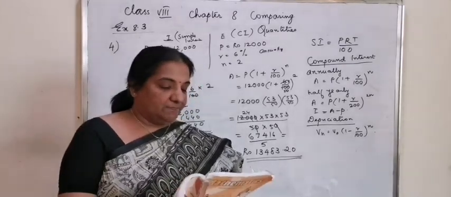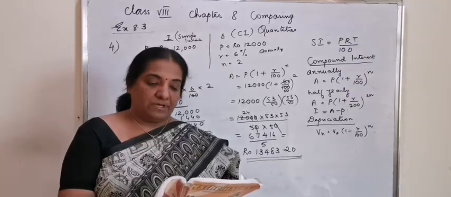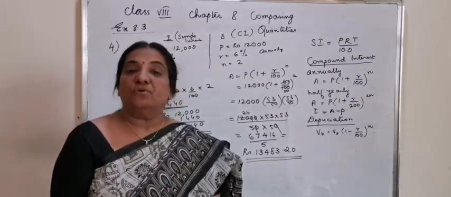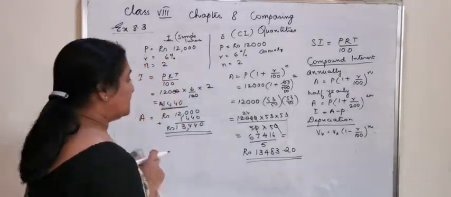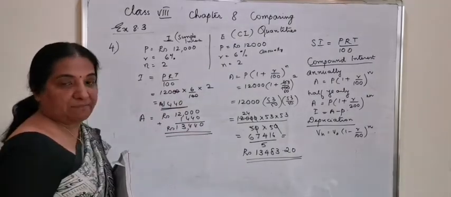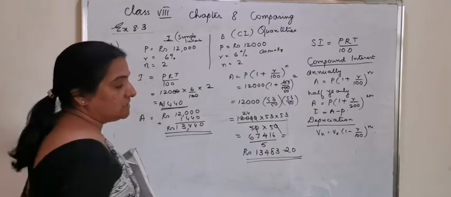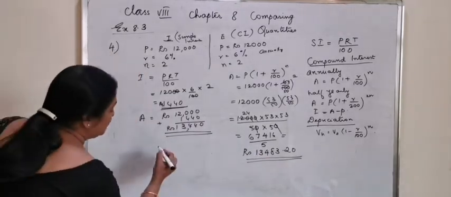The question is, had I borrowed the same sum at 6% per annum compound interest, what extra amount would I have to pay? So the amount in this case is 13,440 by simple interest, and the amount in this case is 13,483.20.